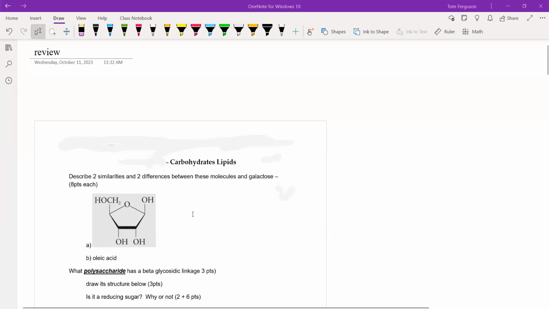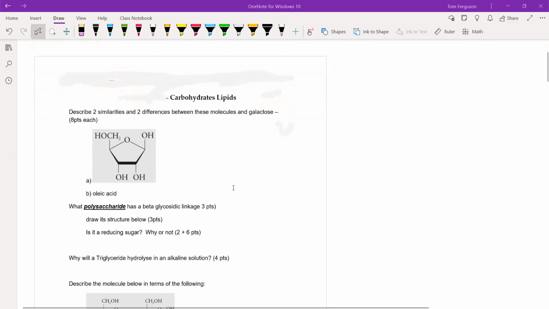So the first one I'm going to do is this carbohydrate test. Now, this is in your Canvas files under test related practice test or old test. I forgot what the name of the folder is.